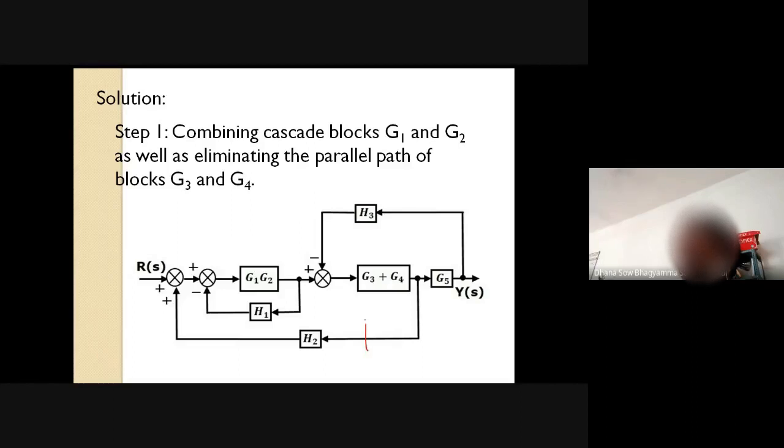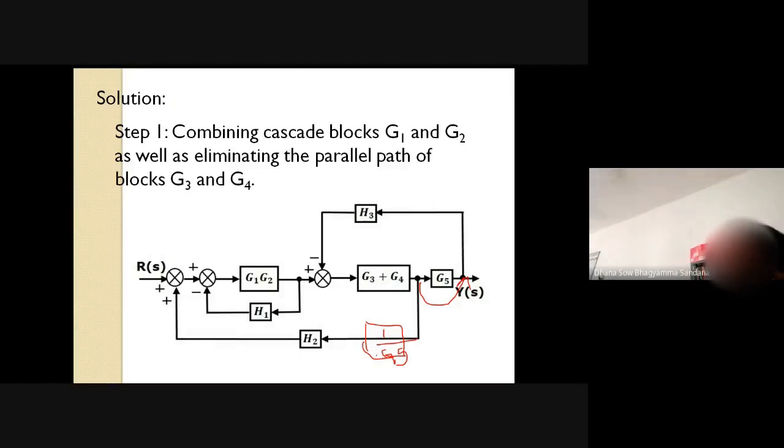When I move this branch point to here, I will get 1 by G5.